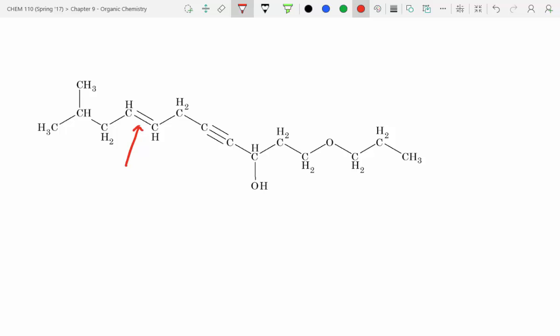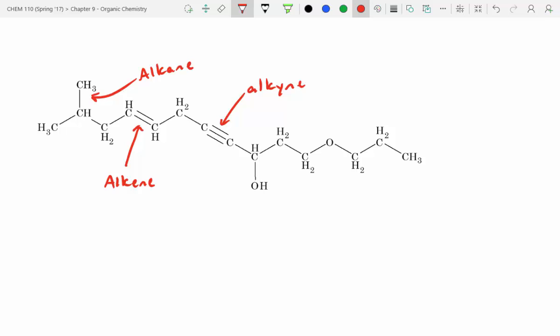What functional group would that be? An alkene, right? With an ene suffix. What functional group would this one be? Alkyne. So we'll do the easy ones first. Where's an alkane? Anywhere where there's a carbon-carbon single bond, so I'll just pick one.